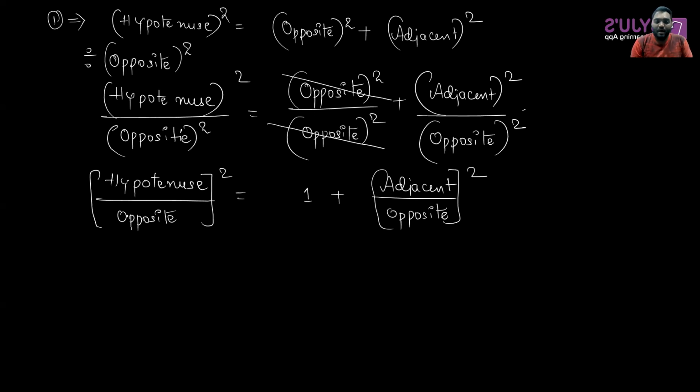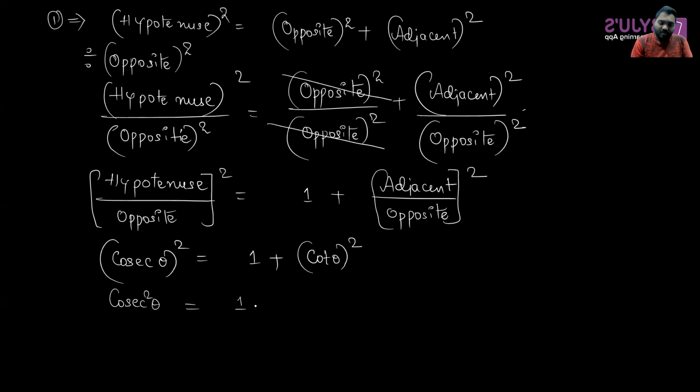The trigonometric ratio which is defined for hypotenuse divided with opposite is cosecant theta, right? So cosec theta whole square equals to 1 plus adjacent upon opposite. The trigonometric ratio which is defined for adjacent divided by opposite is cot theta whole square. Simply it can be written as cosecant square theta equal to 1 plus cot square theta.